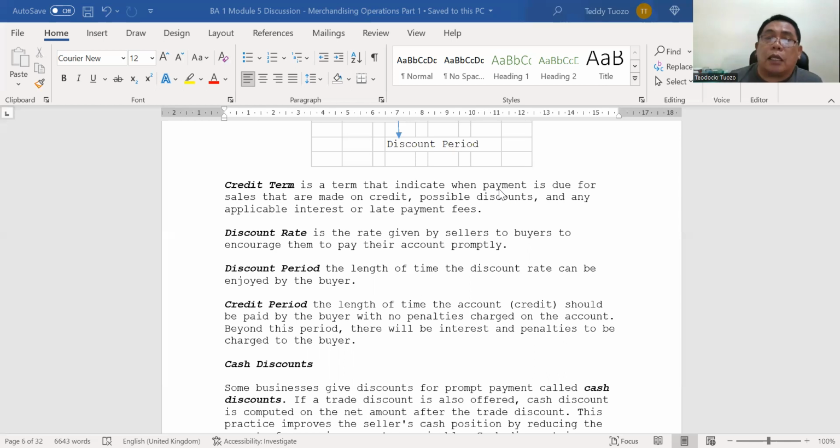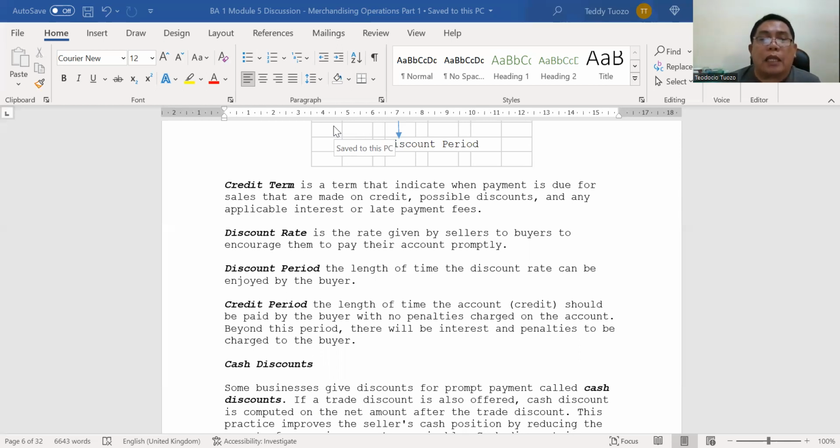The discount rate is the rate given by the seller to buyers to encourage them to pay their accounts promptly, within 30 days or within the discount period. If your purchases amount to millions of pesos, 2% of 1 million is already big.